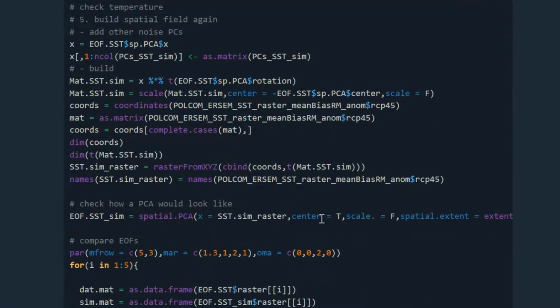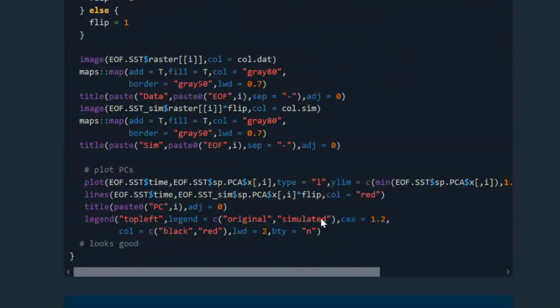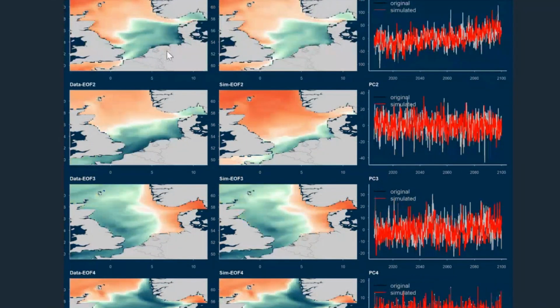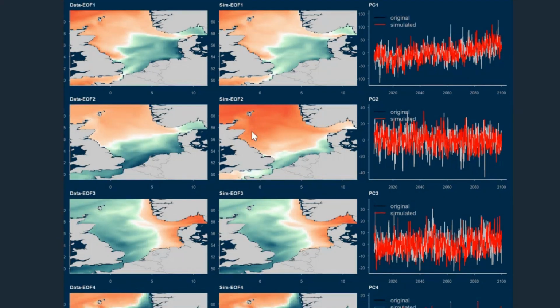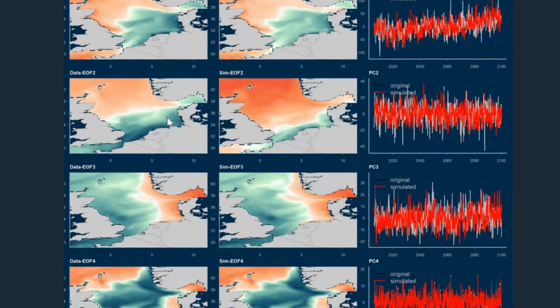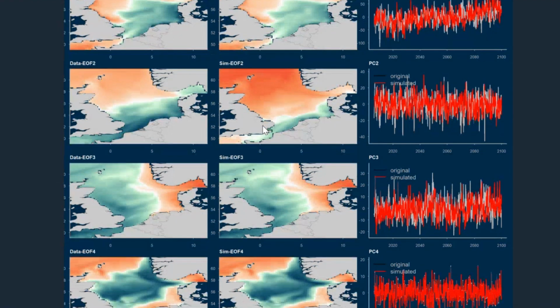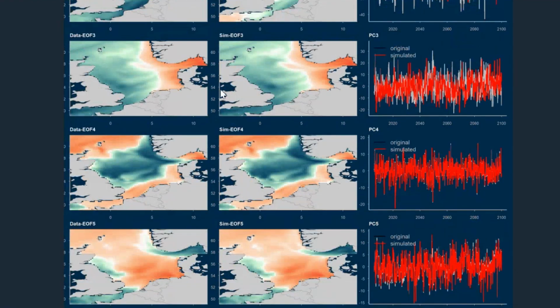And we do it for the temperature as well. So salinity we checked. Temperature looks quite okay. The spatial decomposed pattern also looks quite the same here for PC1. The trend is also preserved because we removed it and added it back on, so it should be. EOF2 looks okay, although the border here is a bit different, and so on.